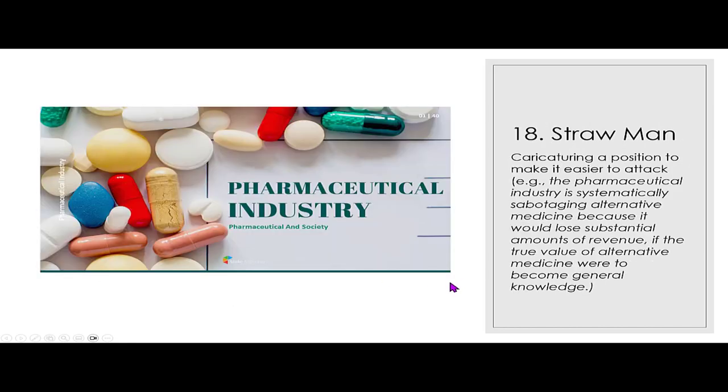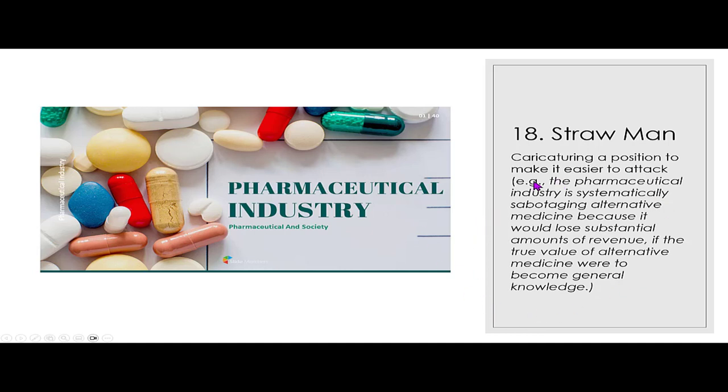Number 18 is the straw man. This happens when you have a caricaturing of a position to make it easier to attack. For example, the pharmaceutical industry is systematically sabotaging alternative medicine because it would lose substantial amounts of revenue if the true value of the alternative medicine were to become general knowledge.